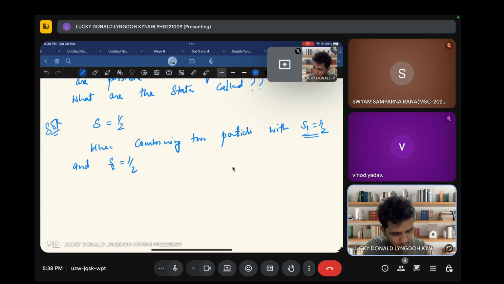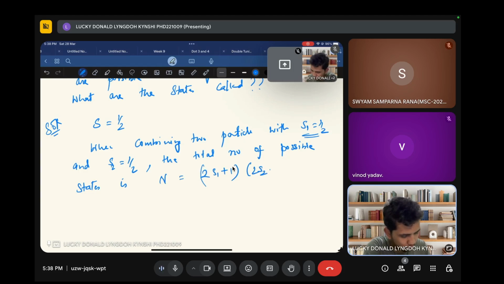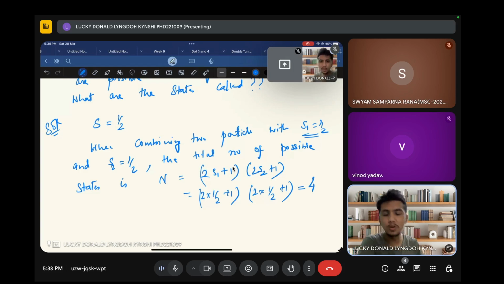Then what will happen? The total number of possible states is n equal to the product of 2s1 plus 1 and 2s2 plus 1. Since s1 is equal to half, you get 2 into half plus 1, and also 2 into half plus 1. You will get 4 possible states.